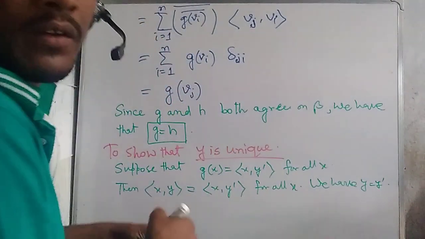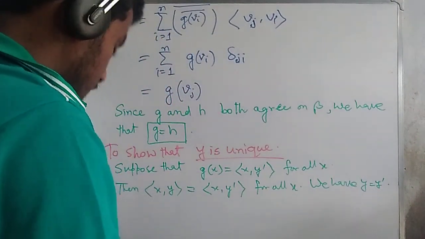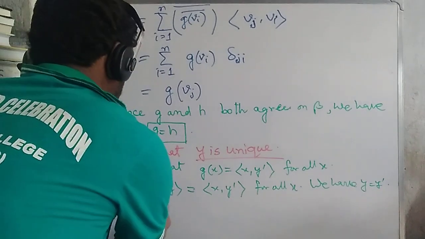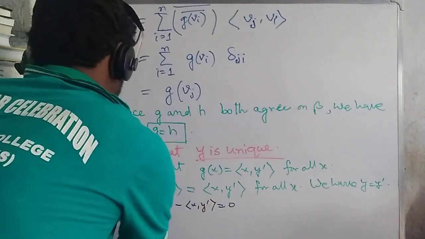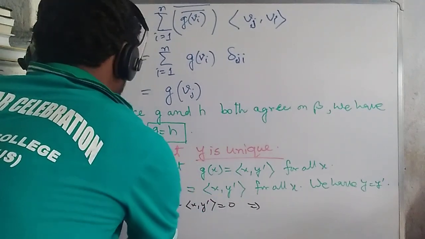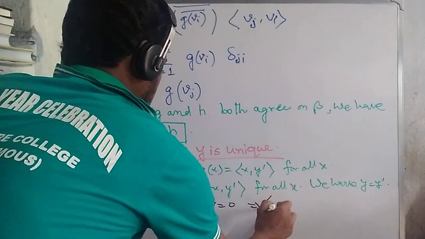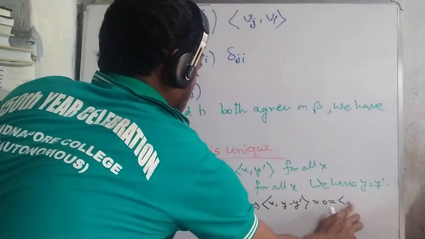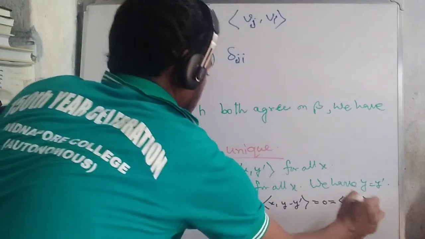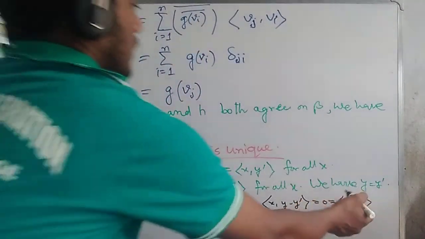How does this happen? Also see it. That means in this way <x, y> minus <x, y'> equal to 0. This implies that <x, y minus y'> equal to 0. Then y equal to y'.